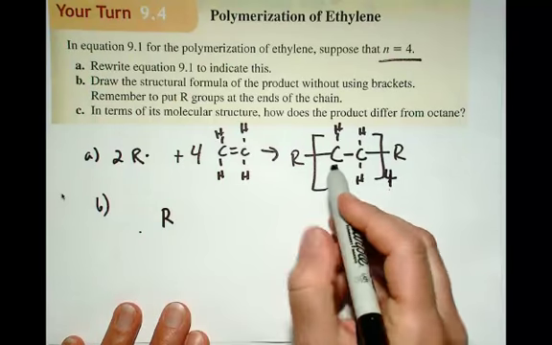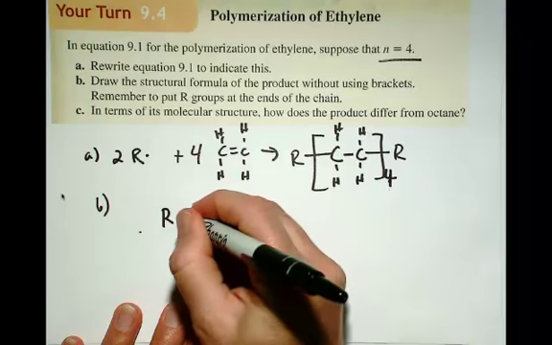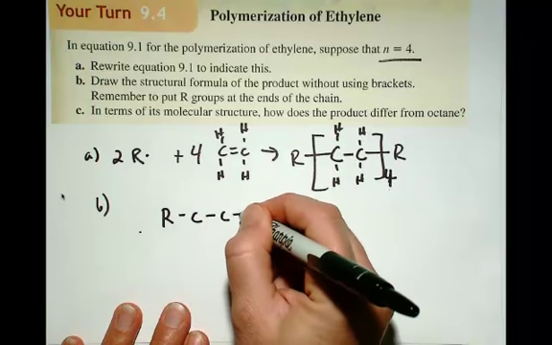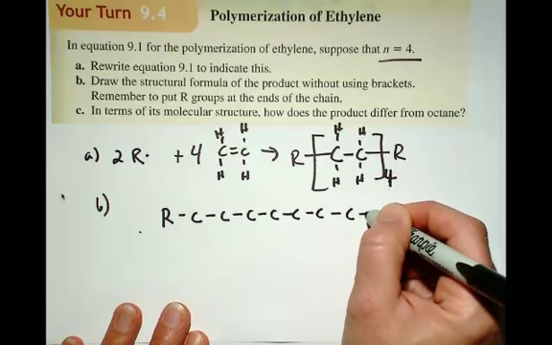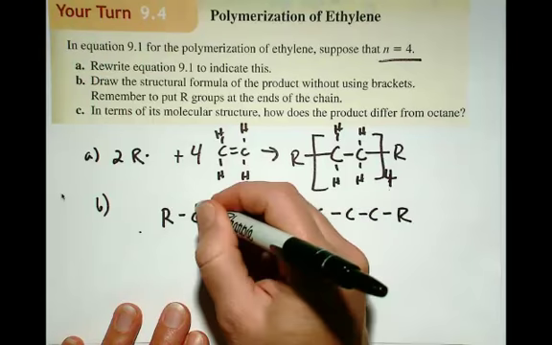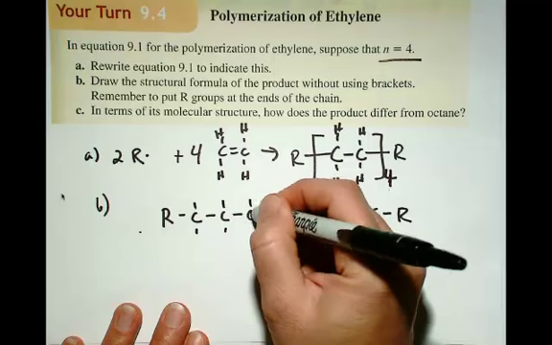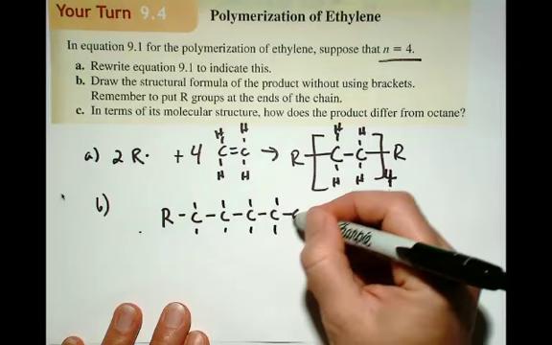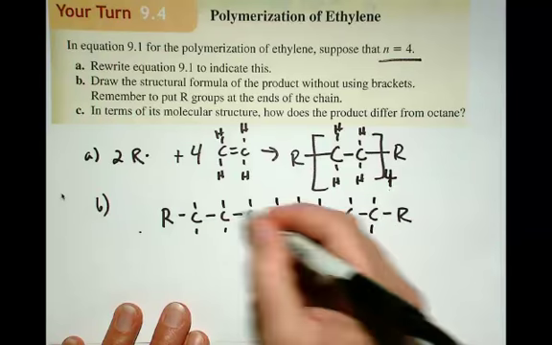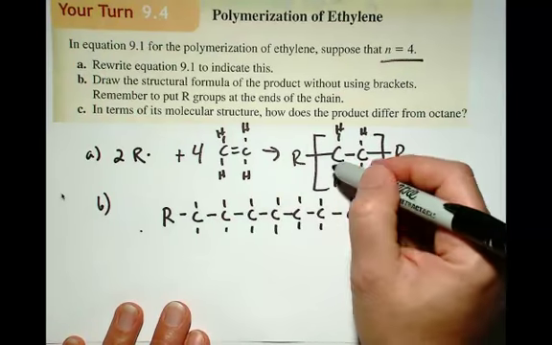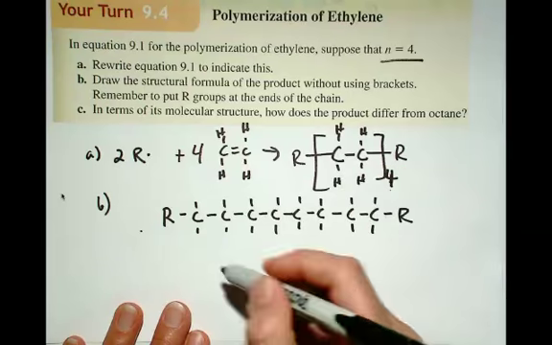And so 4 of these is going to give me a total of 8 carbons. So 1, 2, 3, 4, 5, 6, 7, 8, and then of course the R is on the end. I'm not going to draw in all the hydrogens because it's too messy with this big Sharpie, but you would have hydrogens saturated across all those carbons, like this, only I'm not drawing them all in.